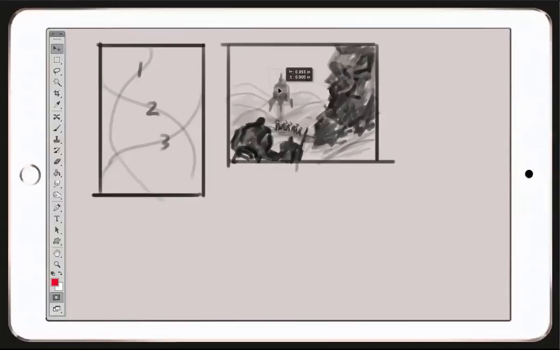Or maybe the spaceship works better over here. While having the spaceship in this position adds more weight to the left side, balancing this big mass over here better, the problem, however, is that the eye is led like this, and the spaceship's pointing up away from everything else.